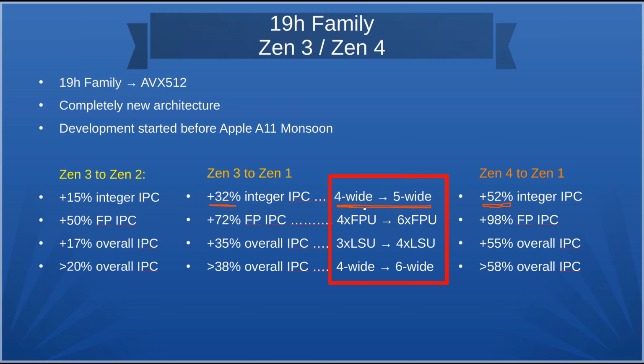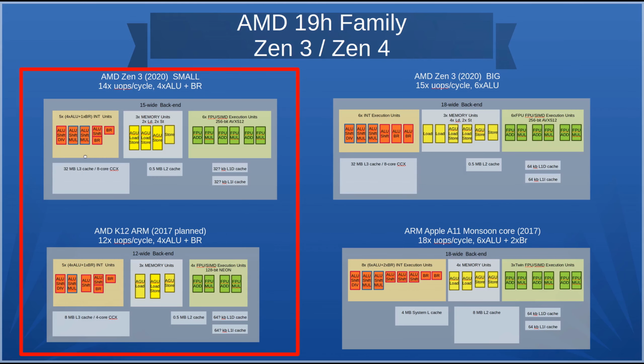This integer performance is really hard to predict, because there are several possibilities, and I'm going to explain what we might expect from Zen 3. A 5 wide variant could be like 4 LAU units, and the 5th pipe could be dedicated to a branch unit, the same way an ARM CPU uses it, like the AMD K12.